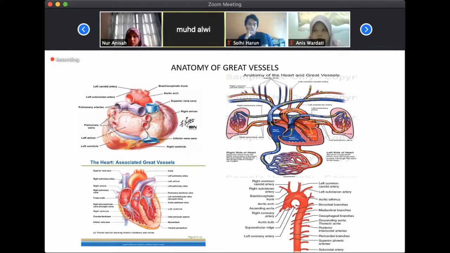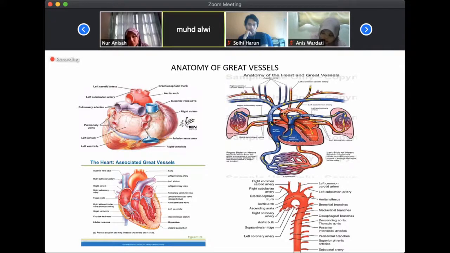They don't get mixing unless the defect is actually at the right side. Those defects at the right side have mixing very early. But other cyanotic hearts don't have mixing at the arch level, at the aortic arch level.